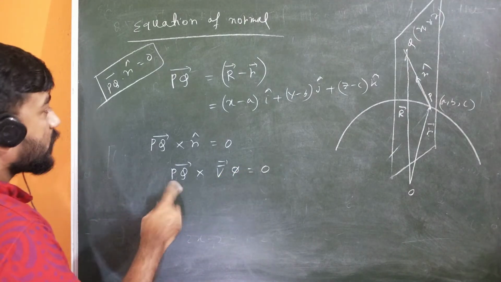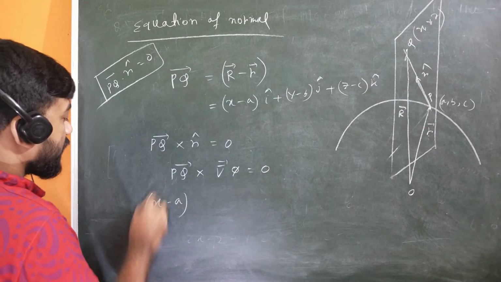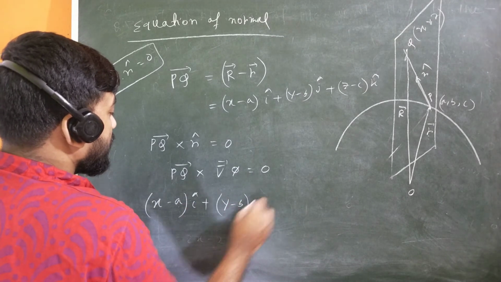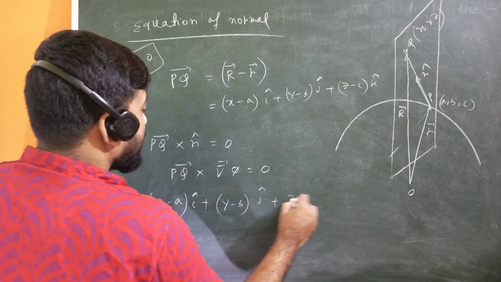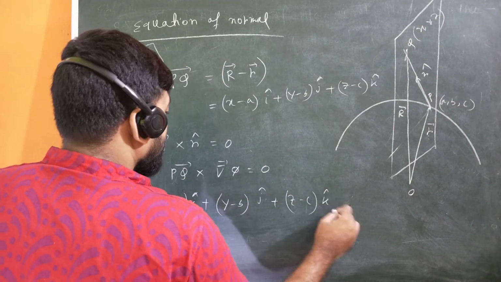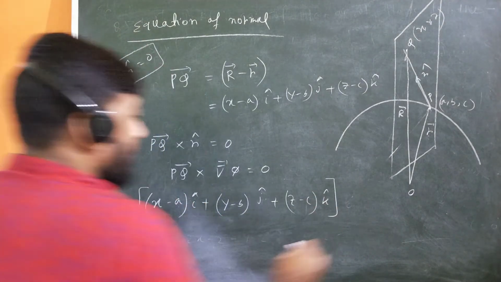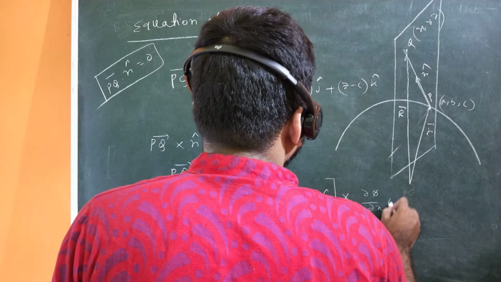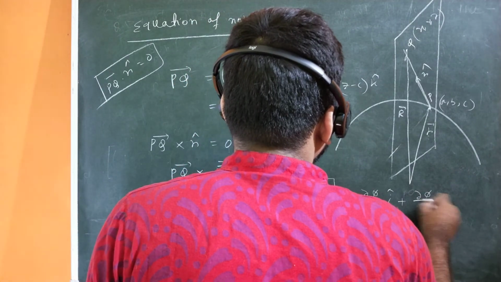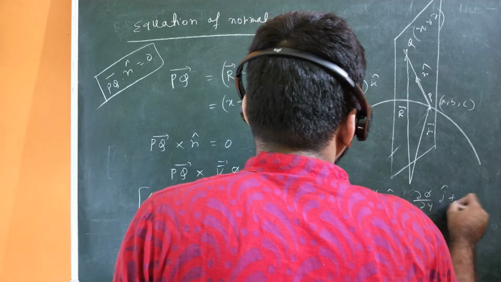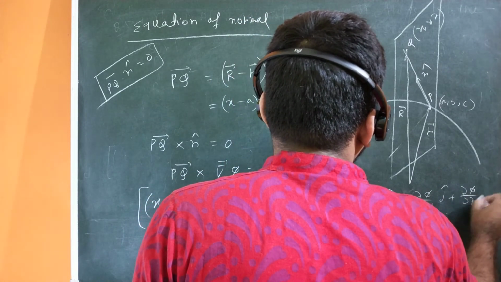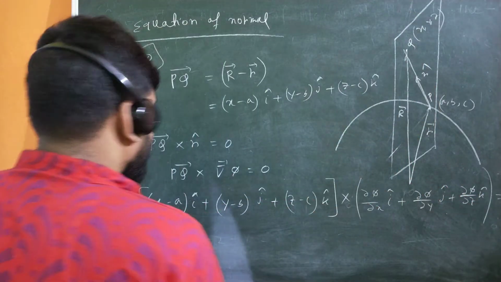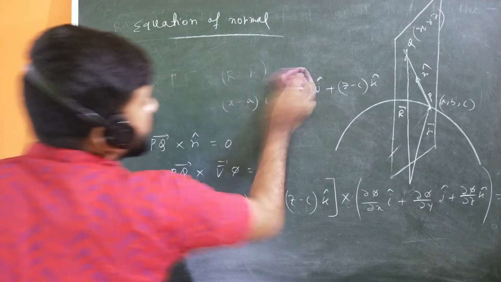Now you can write, instead of PQ, (x minus a) i cap plus (y minus b) j cap plus (z minus c) k cap, cross del phi del x i cap plus del phi del y j cap plus del phi del z k cap, is equal to 0.